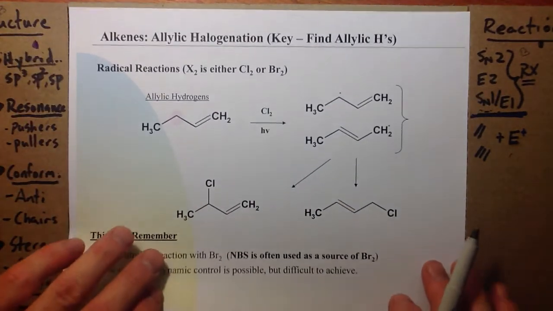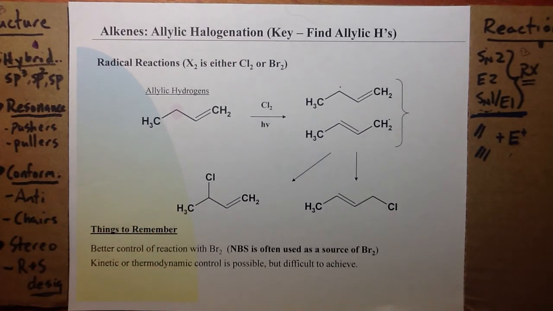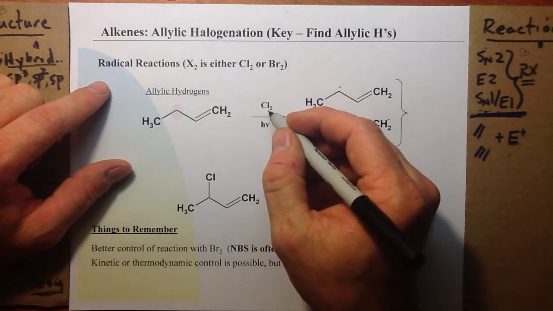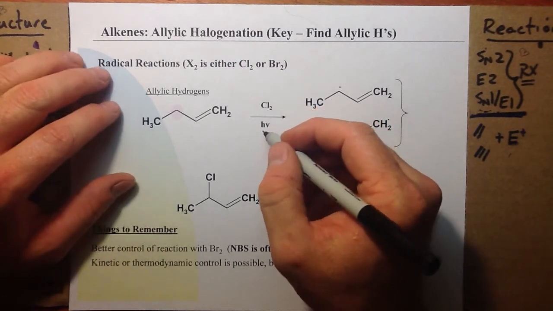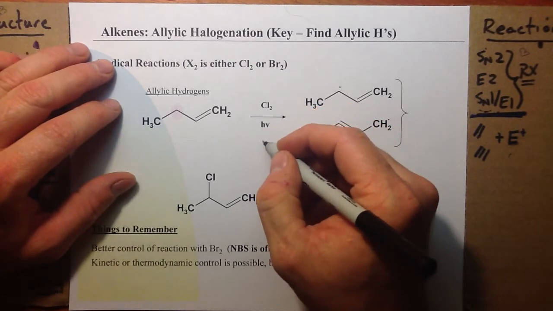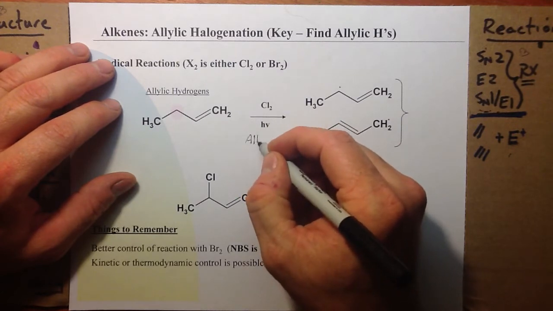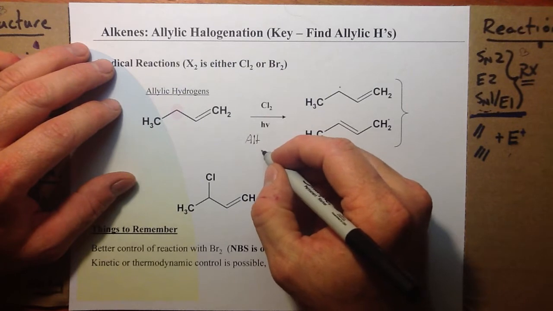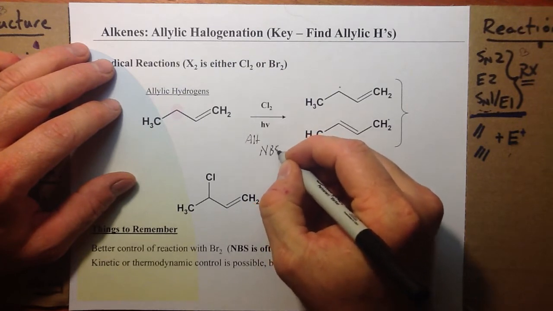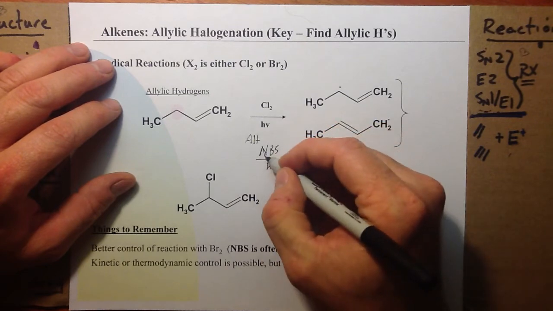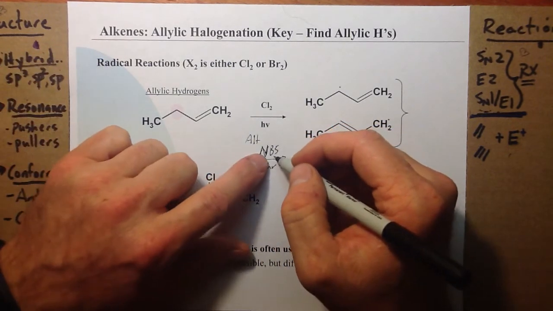Well, let's cover just briefly how we draw a product for allylic halogenation. If we see chlorine or bromine and light, or sometimes instead of Cl2 and light, you might see as an alternative NBS and light, or heat. NBS is N-bromosuccinimide.